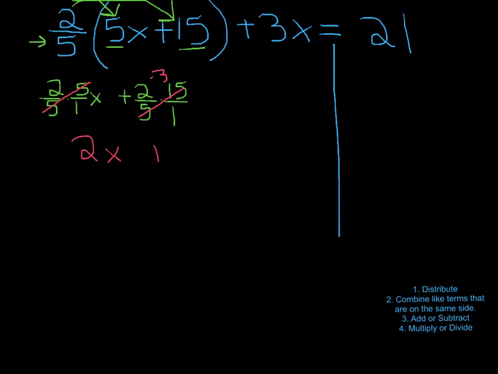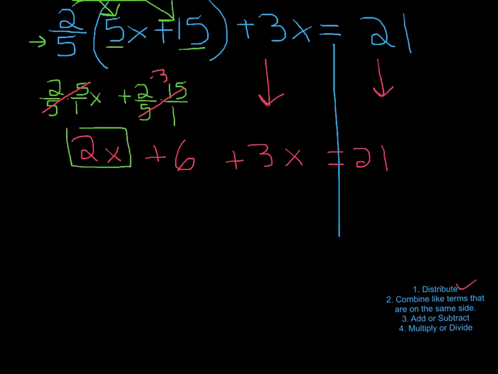So 2x plus 6 after you distribute, and now bring everything else down. So plus 3x equals 21. After you distribute, combine like terms that are on the same side. And on the left side we have a 2x and a plus 3x.